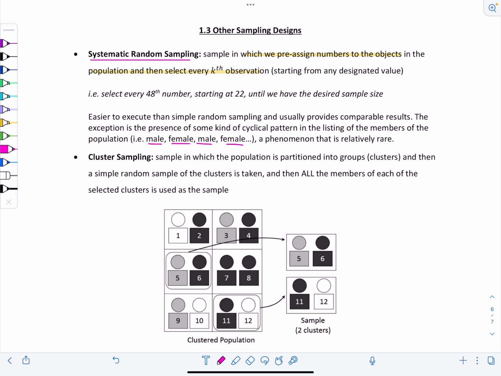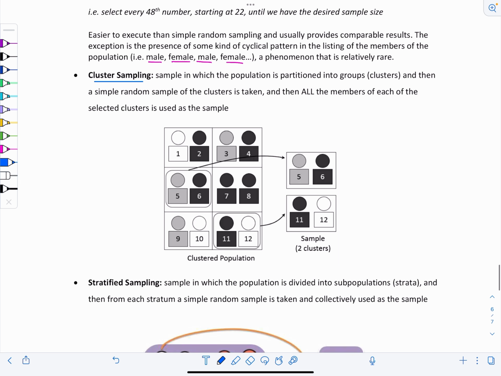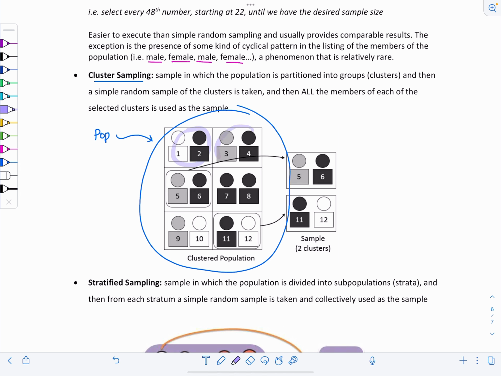The other sampling design that we're going to talk about right now is cluster sampling. Okay, so here's what happens. The population is partitioned into groups or clusters. So this is the population here, this whole thing, and it's partitioned or broken up into little groups like this.